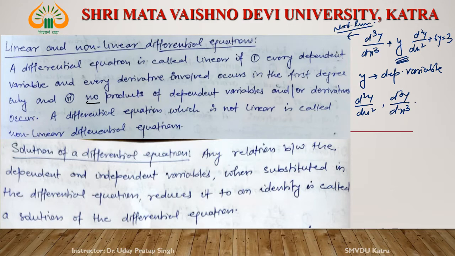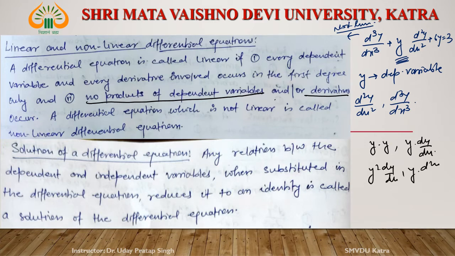No product of the dependent variable and or its derivatives, meaning no product like y into y into dy by dx, or y square dy by dx, or y into d2y by dx2. So the second condition is that no product of the dependent variable and or its derivatives occurs in the differential equation. Now come to the second point here.